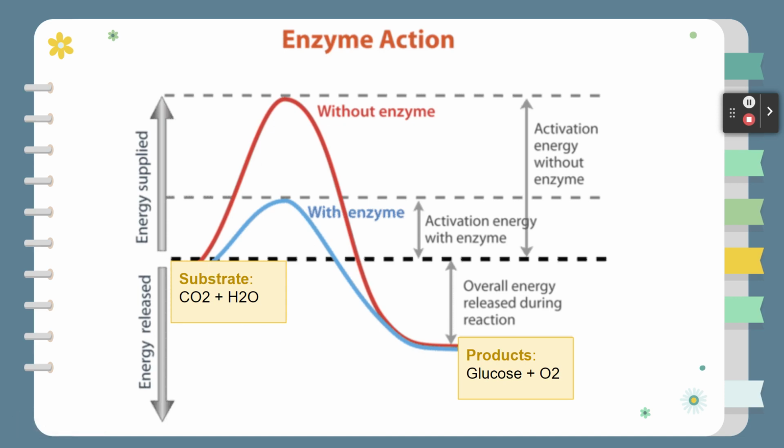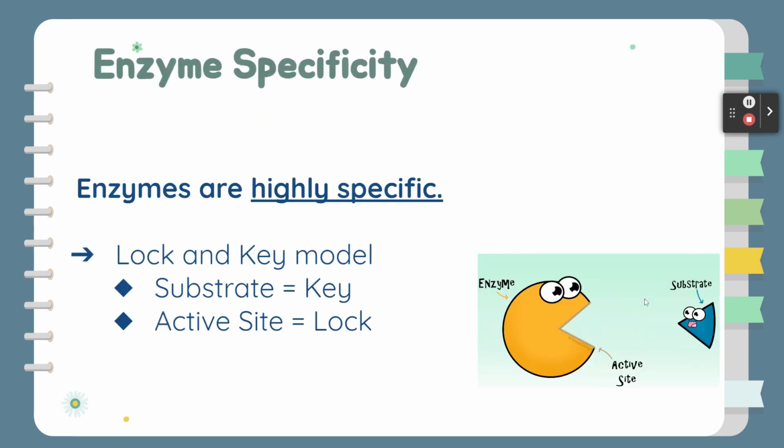The graph here shows that energy needed for photosynthesis to take place with an enzyme, activation energy with an enzyme, is lower than without an enzyme. Enzymes significantly reduce the amount of energy needed, also known as our activation energy, making the reactions more efficient. We'll be looking at this graph later on in class as well.